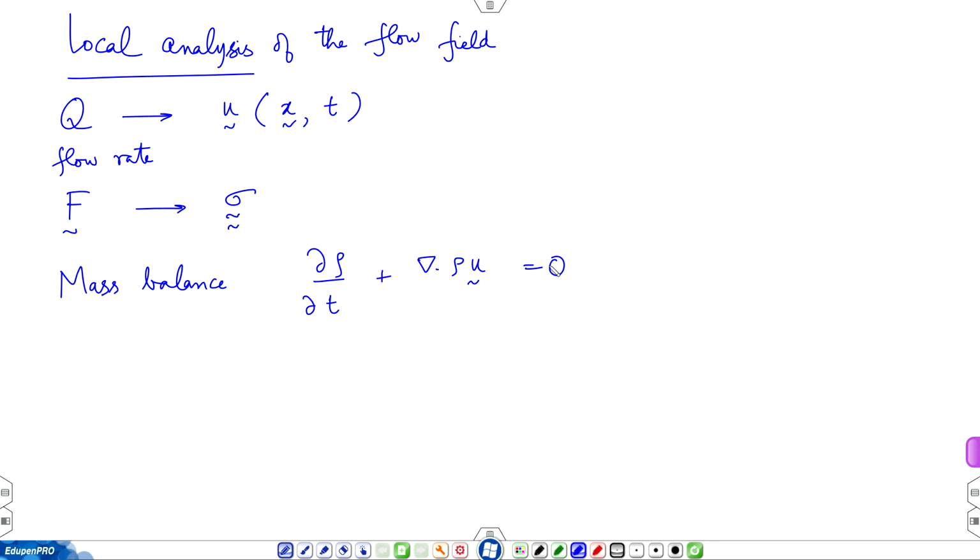If the two of them do not match, it will lead to change in density of the material. This is happening, of course, at the scale of the control volume. It is also happening at the small scale. Rho, what is rho? It is density at a point, at a given instant of time.